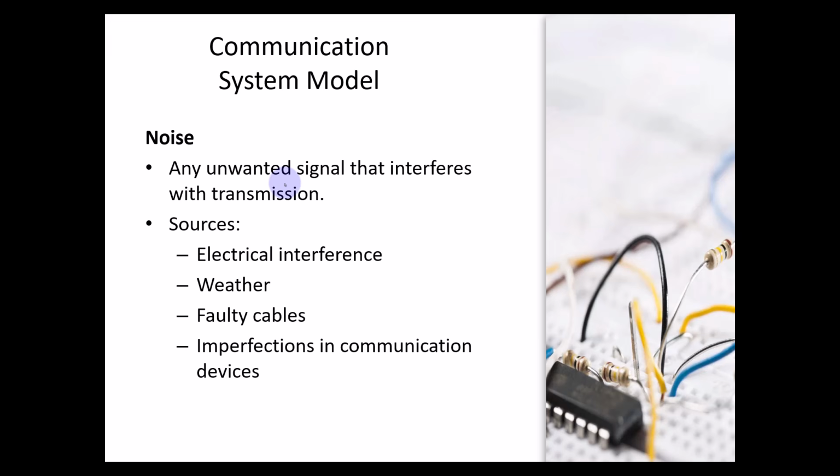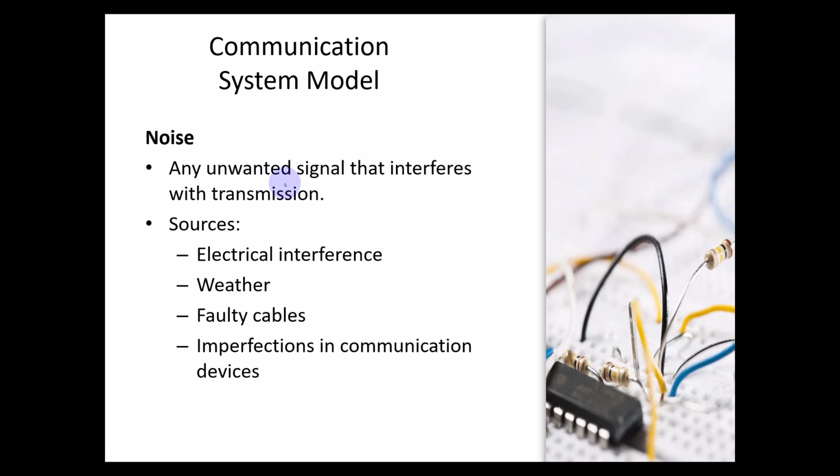And then noise are sources of electrical interference. For example, the weather can be noise, especially when you are transmitting data through the wireless media. Lightning and thunder can affect your data as it passes through the wireless media.